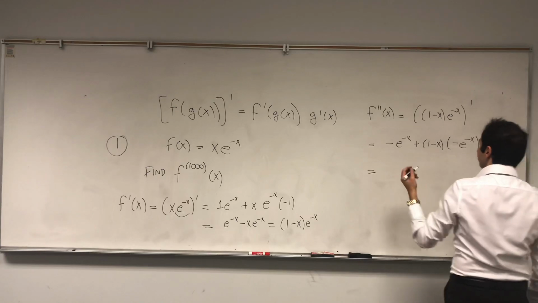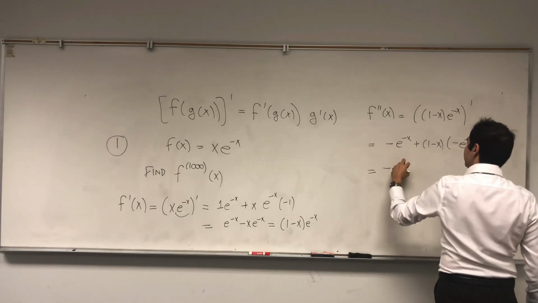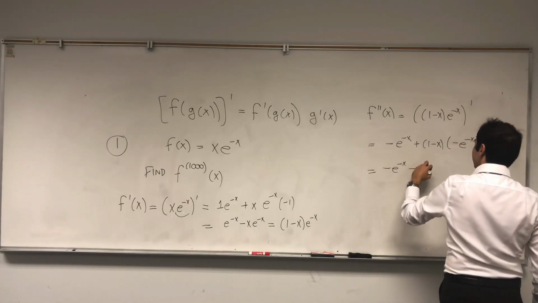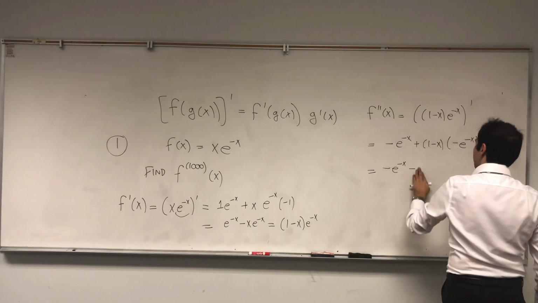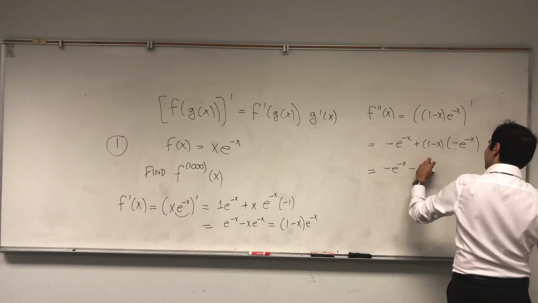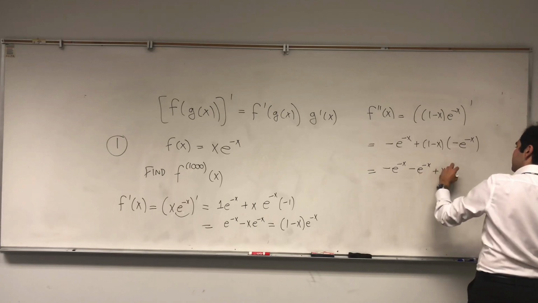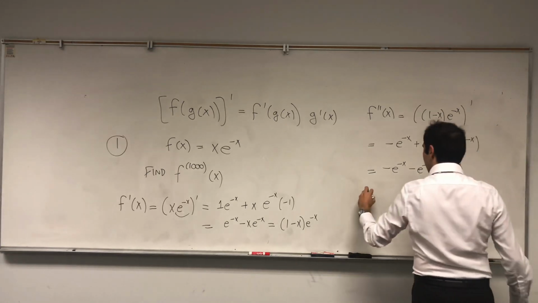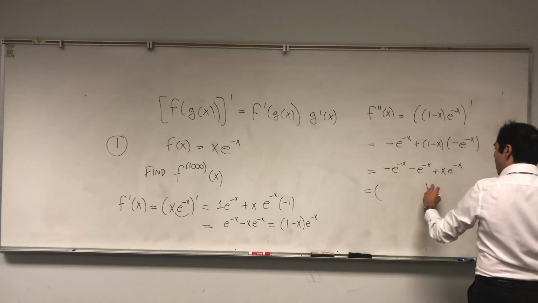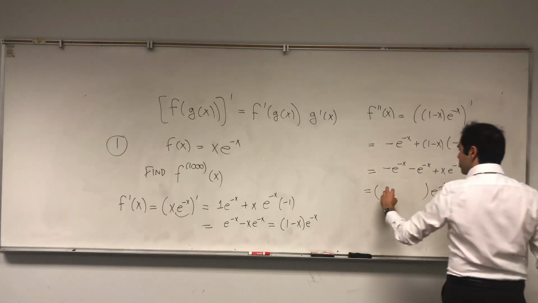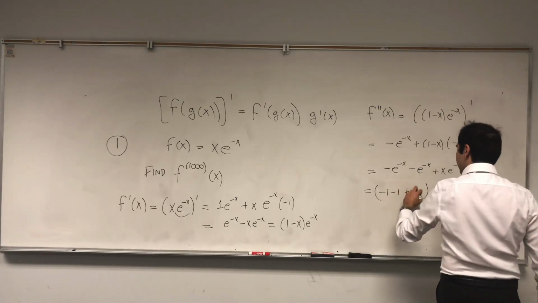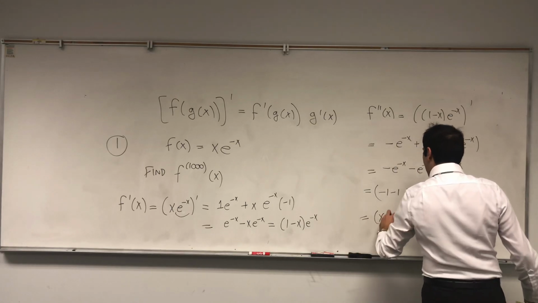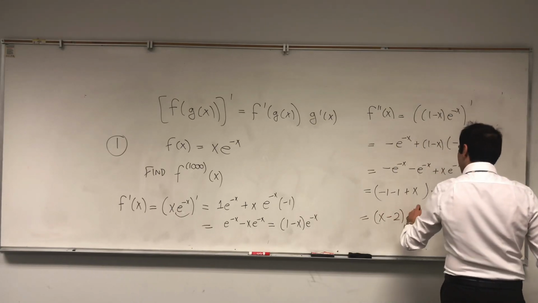And again, you can expand this out: minus e to the minus x, minus e to the minus x plus x e to the minus x, which, if you want, you factor out e to the minus x, and you get x minus 2, e to the minus x.